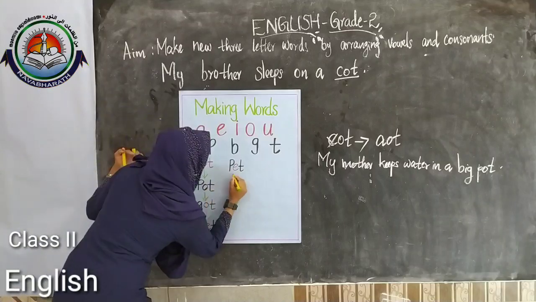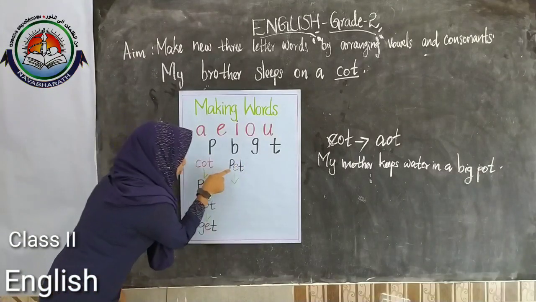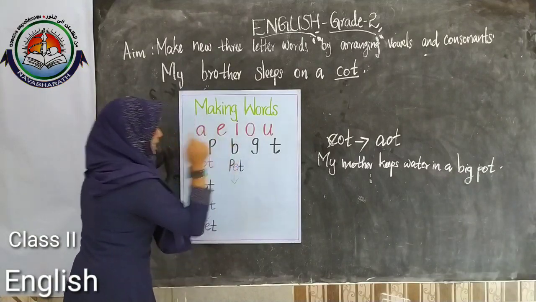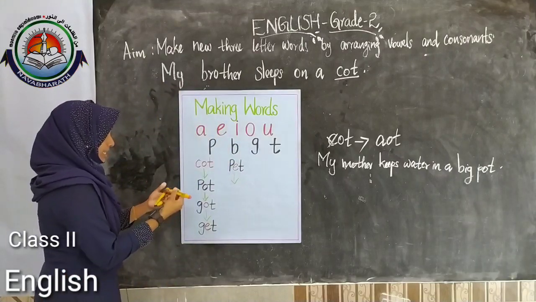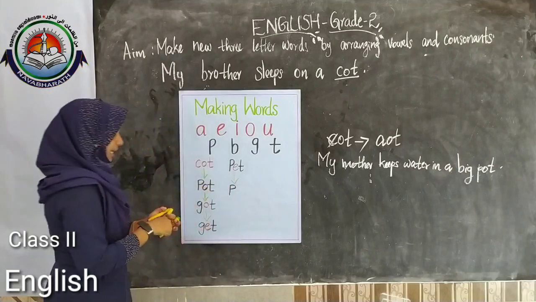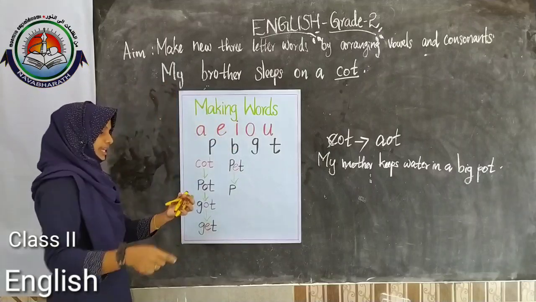Okay, then let's continue. Now I am going to replace this middle letter E with the letter I. So what happened? Here P, then, ma'am, replace this E letter with this I.